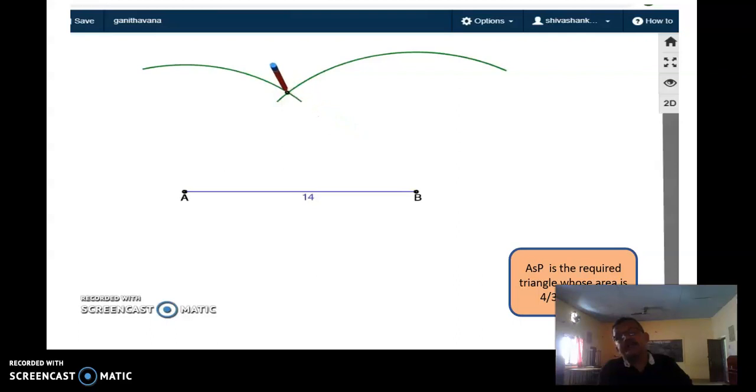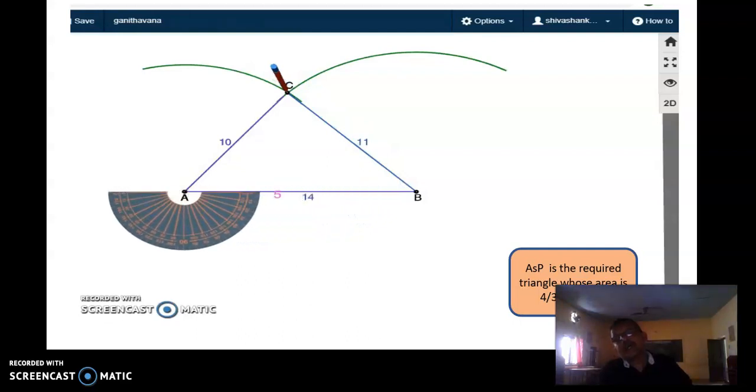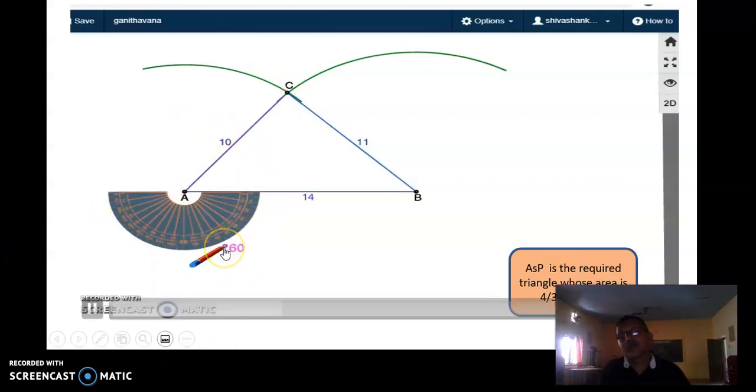Now ABC is the required triangle. So now we want 3/4 of the area of this triangle. So 3/4, 4 is bigger one. So construct an acute angle at A here.